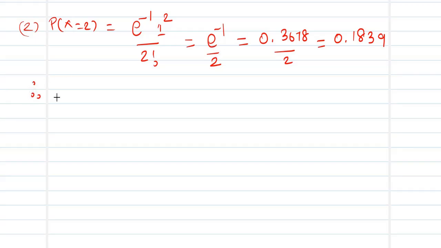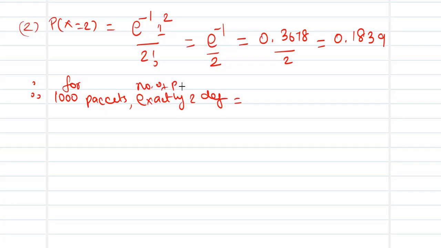Therefore, for 1000 such packets, the number of packets that contain exactly 2 defective will be capital N into probability of x. So this will be 1000 times 0.1839.